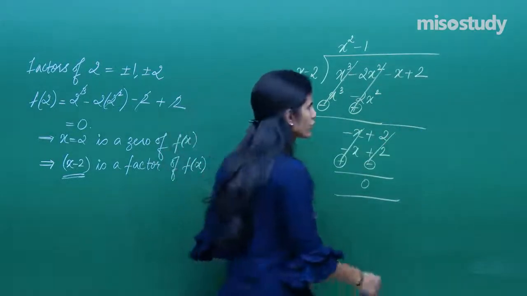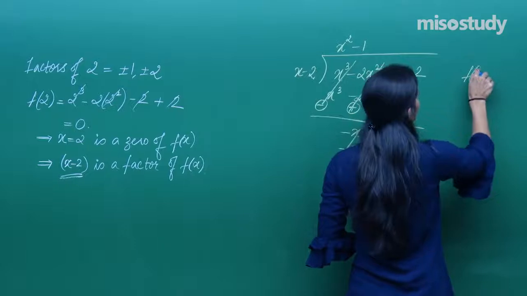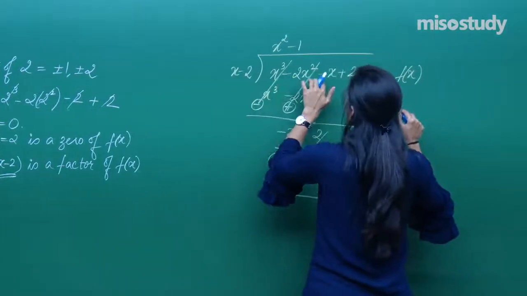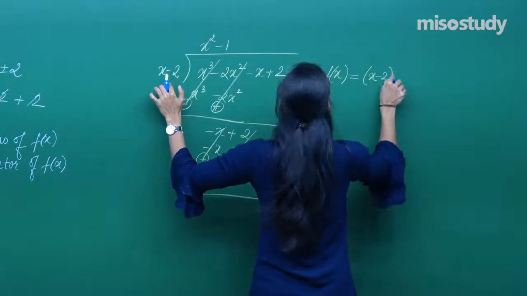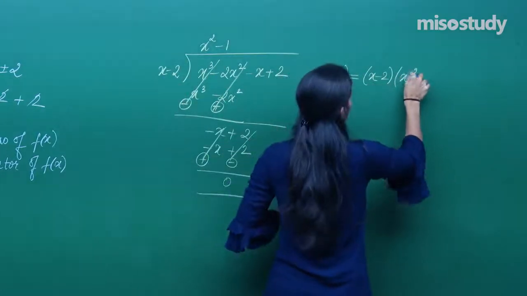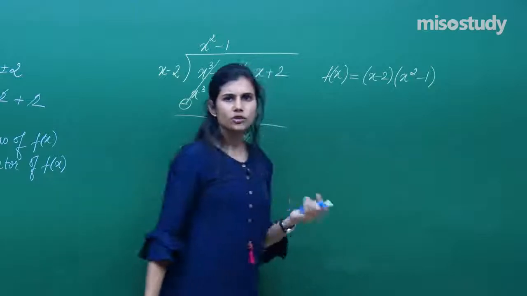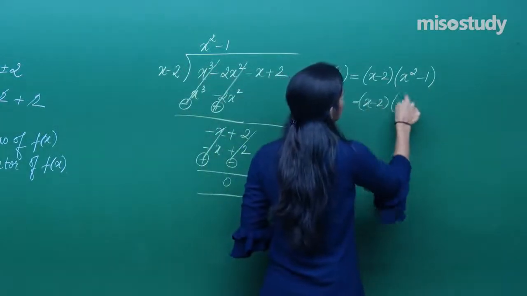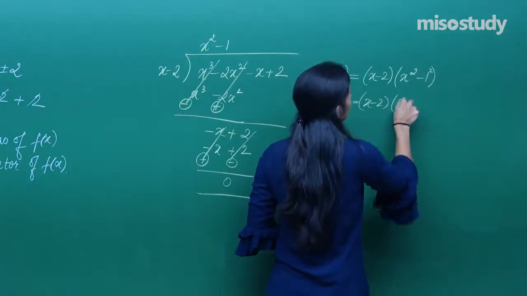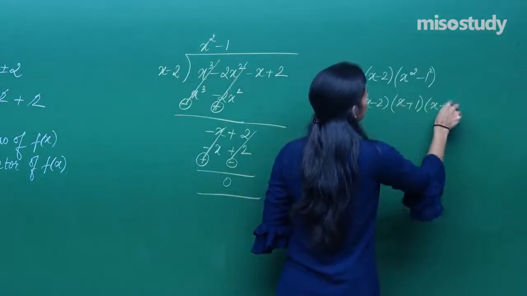You all know by the division algorithm that the dividend is nothing but f(x), x cube minus 2x square minus x plus 2, which is f(x). Dividend is equal to divisor into quotient plus remainder, and plus 0 has no relevance. So you can write this as x minus 2, and this is a square minus b square, which is a plus b into a minus b.